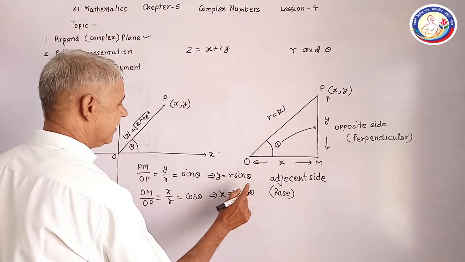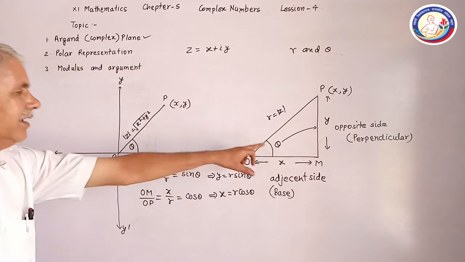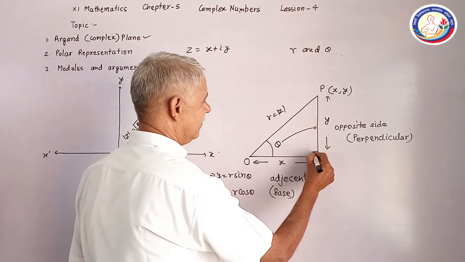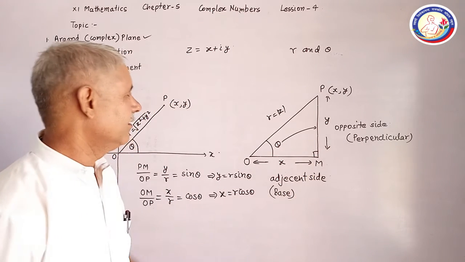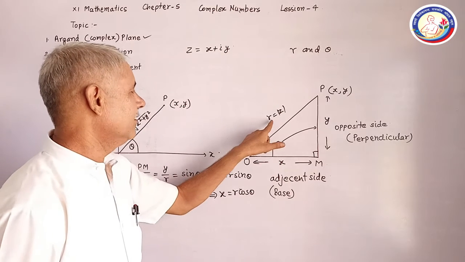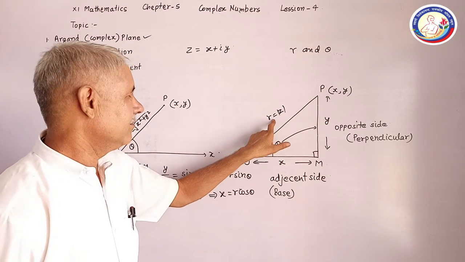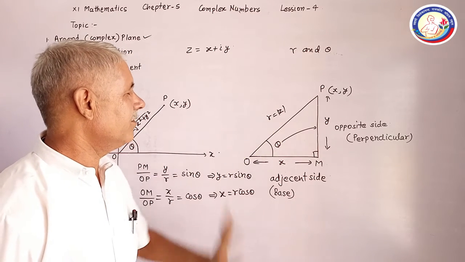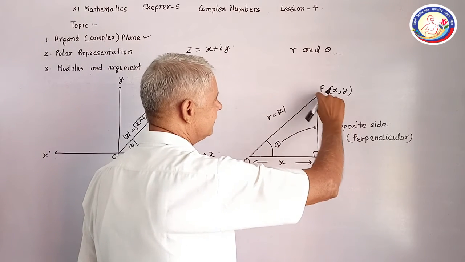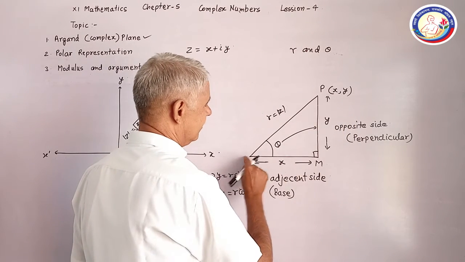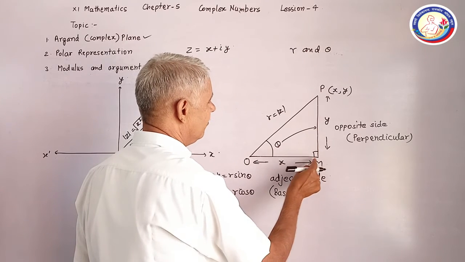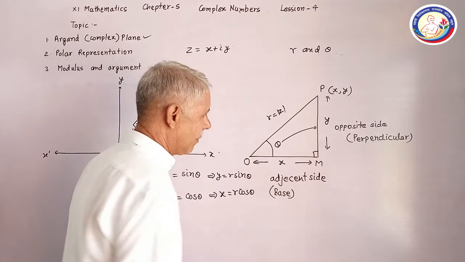I am explaining it again. If you take this right angle triangle, right angle at M, then this is modulus of z and we denote it by r to represent a number in polar form. Then this coordinate y is PM and the x is given by OM. OM represents x here.